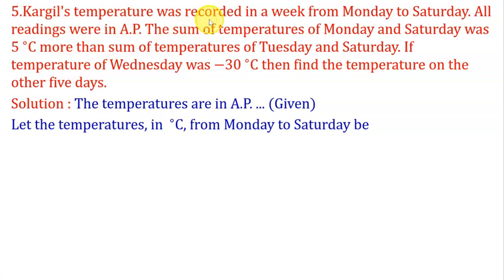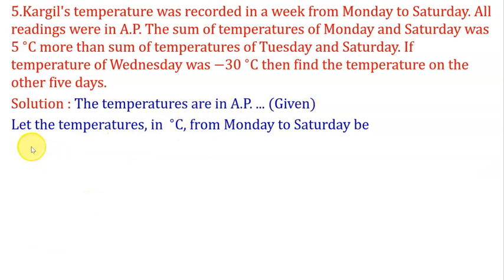Okay. Now, next example. Kargil's temperature was recorded in a week from Monday to Saturday. All readings were in AP. The sum of temperatures on Monday and Saturday was 5 degrees Celsius more than the sum of temperatures on Tuesday and Saturday. If the temperature on Wednesday was minus 30 degrees Celsius, then find the temperature on the other 5 days. Okay, the temperatures are in AP.